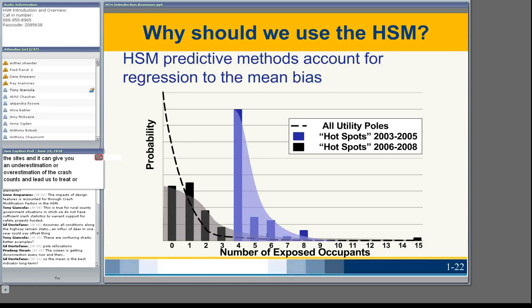And some of the factors, they all three recommend calibration for local conditions. And it will also be discussed in subsequent webinars.